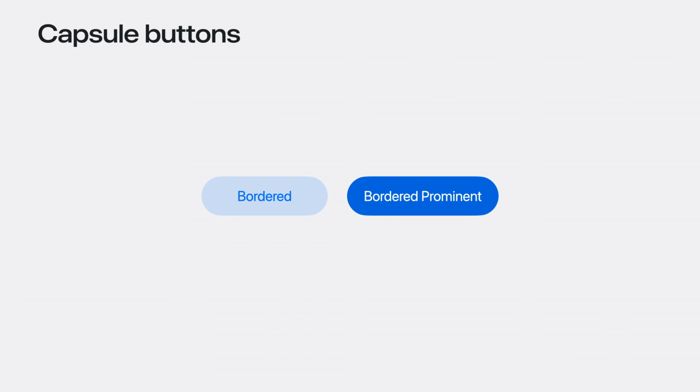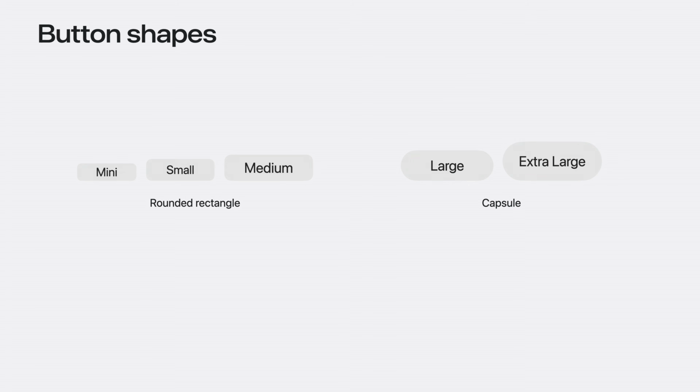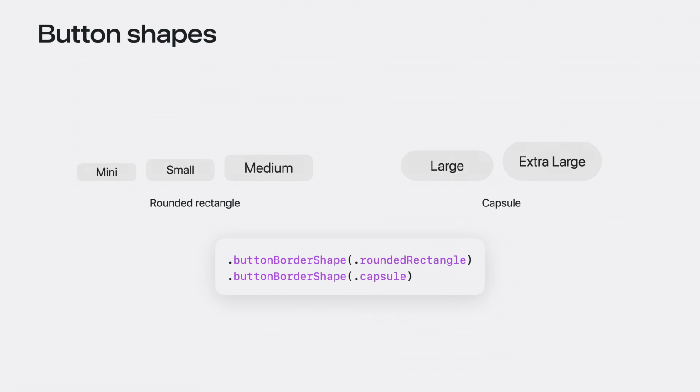Bordered buttons now have a capsule shape by default, harmonious with the curved corners of the new design. Mini, small, and medium-sized controls on macOS retain a rounded rectangle shape, which preserves horizontal density. And the existing button border shape modifier enables you to specify the shape for any size.